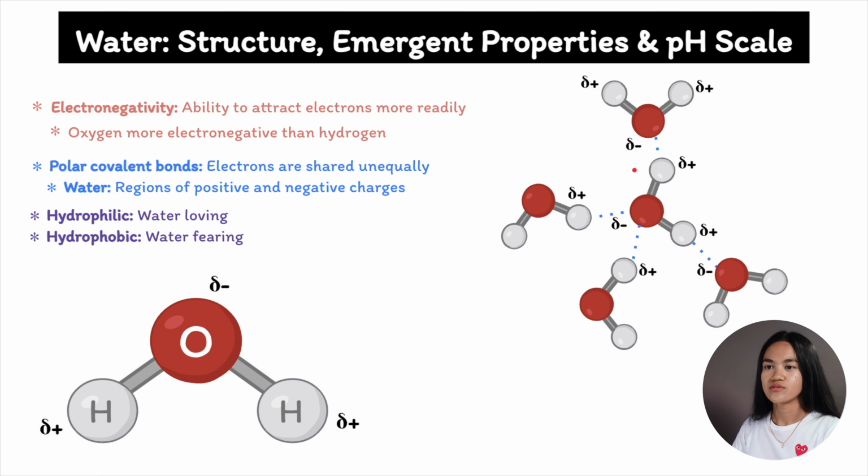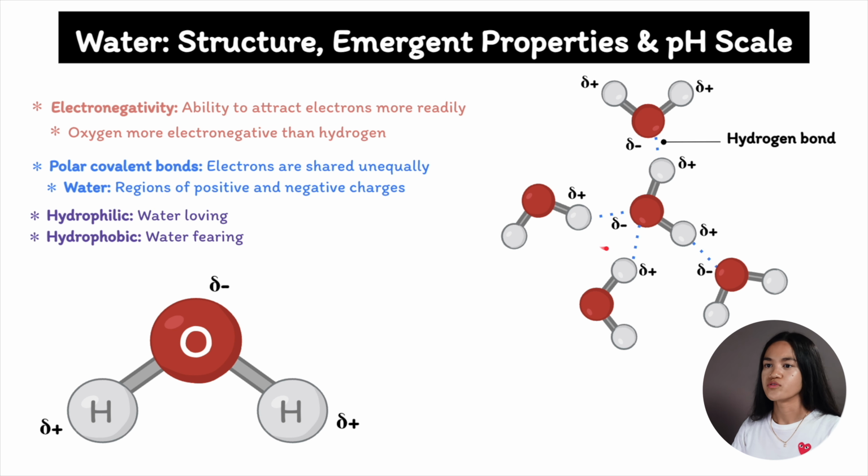Okay? Now, the slightly positive hydrogen of one molecule is attracted to the partially negative oxygen of a nearby molecule, and it's going to form a hydrogen bond. The partial positive charge of a hydrogen atom is attracted to the partial negative charge of an oxygen atom. And right here, oxygen can form two hydrogen bonds.